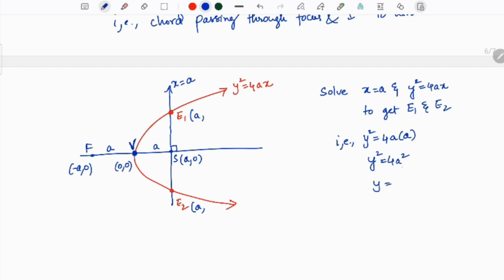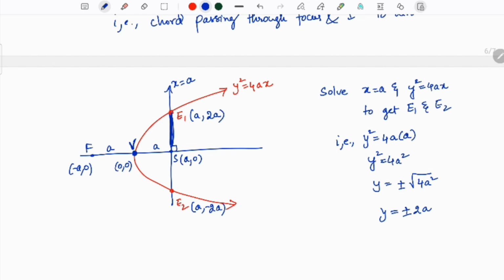That means y is equal to plus or minus root 4a square, so y is equal to plus or minus 2a. A is positive, I have taken now. So more y coordinate means the point is above. So ends of latus rectum we have obtained: a comma 2a and a comma minus 2a.